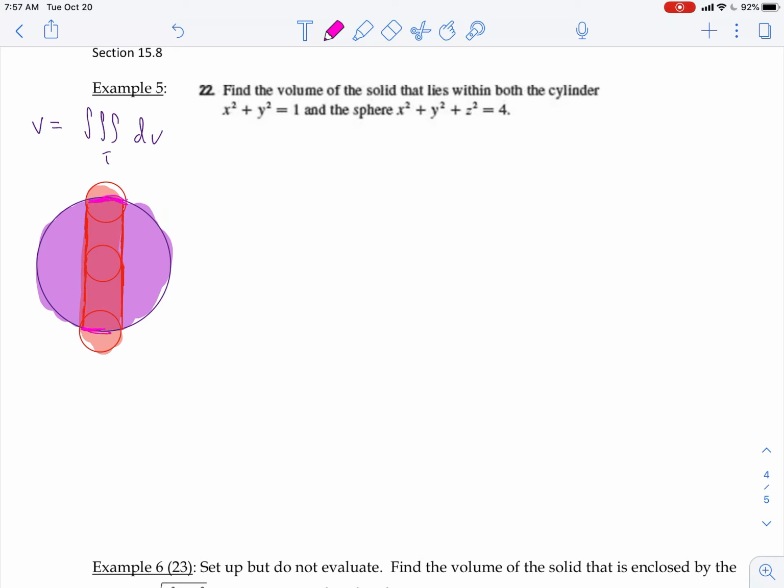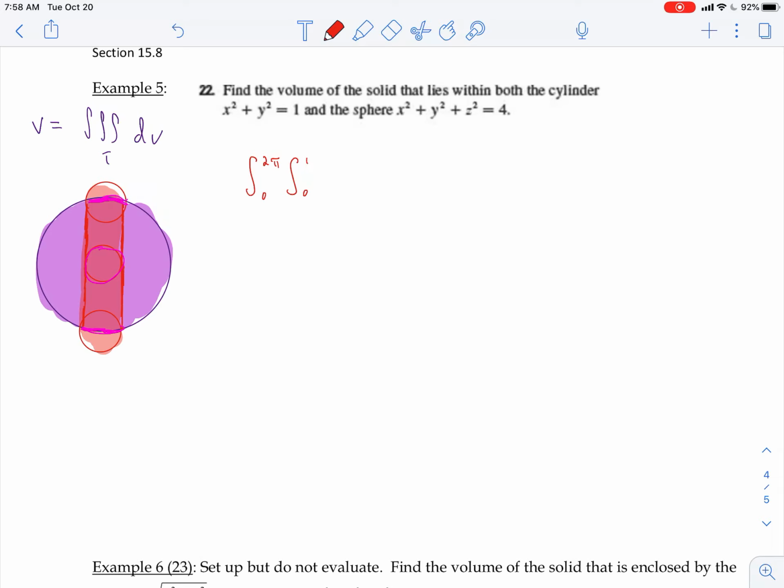So what we need to do is define this top region and this bottom region for z. What's the top region, what's the bottom region? And we already have what we can do for polar. That's just going to be the circle x squared plus y squared equals 1.